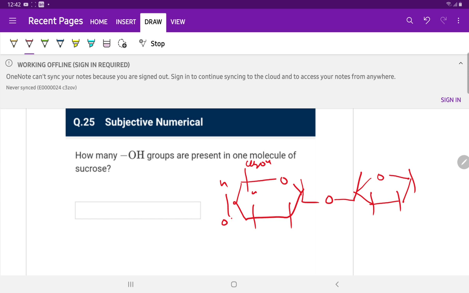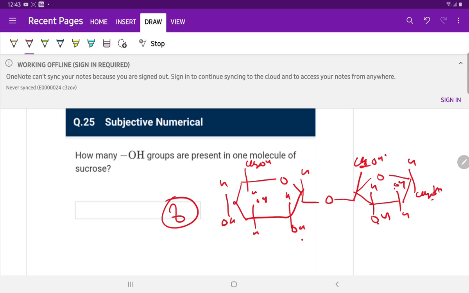We know very well that sucrose is a disaccharide of alpha D glucopyranose and beta D fructofuranose with C1-C2 glycosidic linkage. Sucrose is an acetal and it is a non-reducing sugar. Counting the OH groups: 1, 2, 3, 4, 5, 6, 7, 8. There are 8 hydroxyl groups.